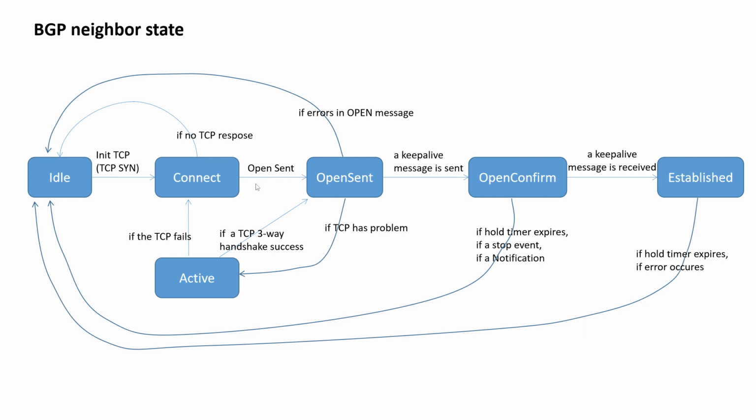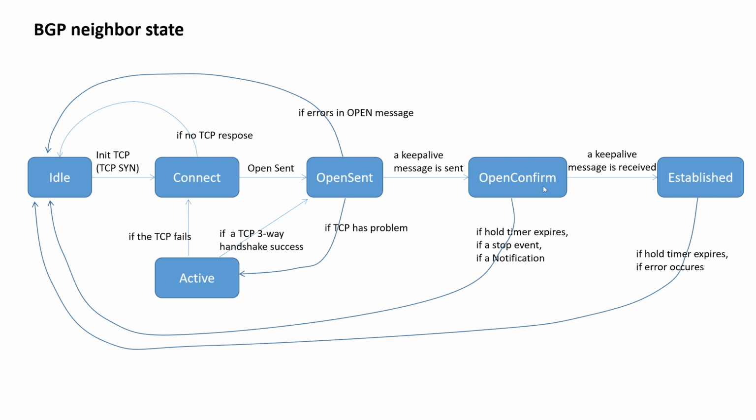After the BGP open message is sent, the router moves to the open sent state. In this state, if it receives the open message from its peer and does a comparison, and the information in the open message has no errors, the router sends a keepalive message to its peer and moves to the open confirm state.